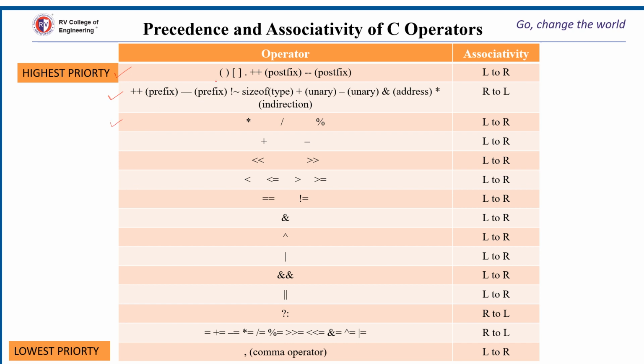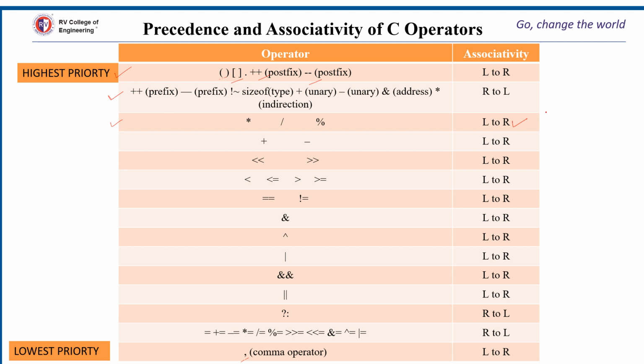Parenthesis, array, and postfix operators have the highest priority, and comma has the lowest priority. When a group of operators of the same priority appear in an expression, we apply the rules of associativity.